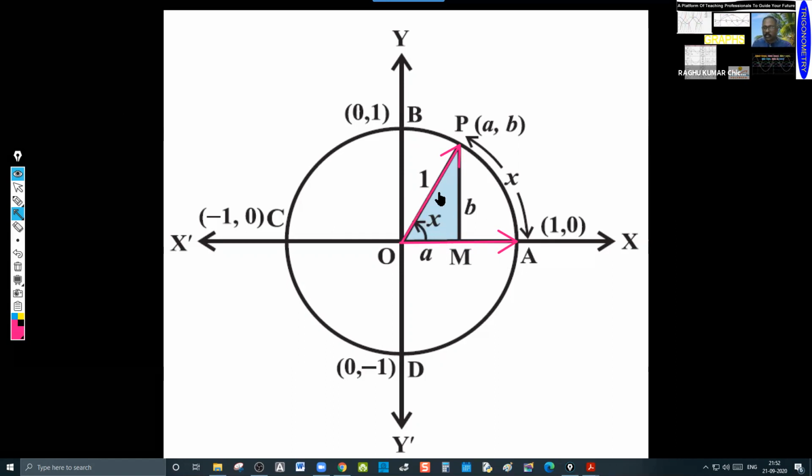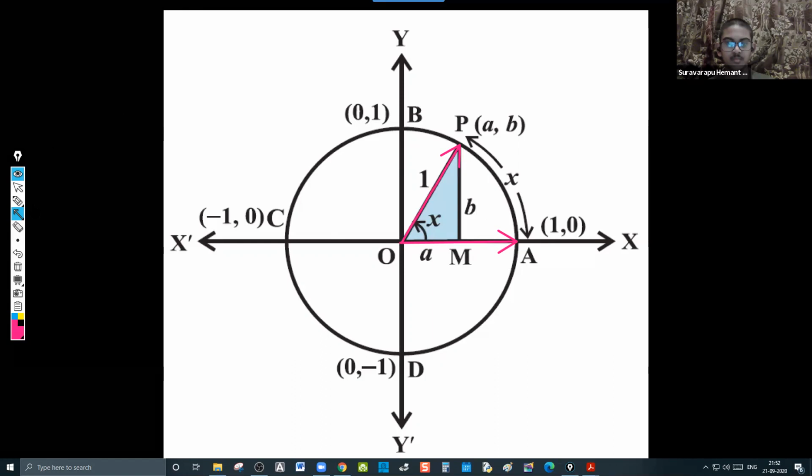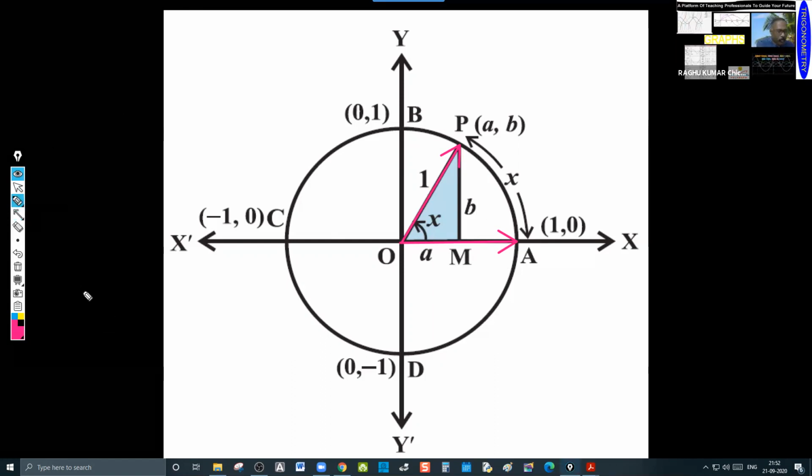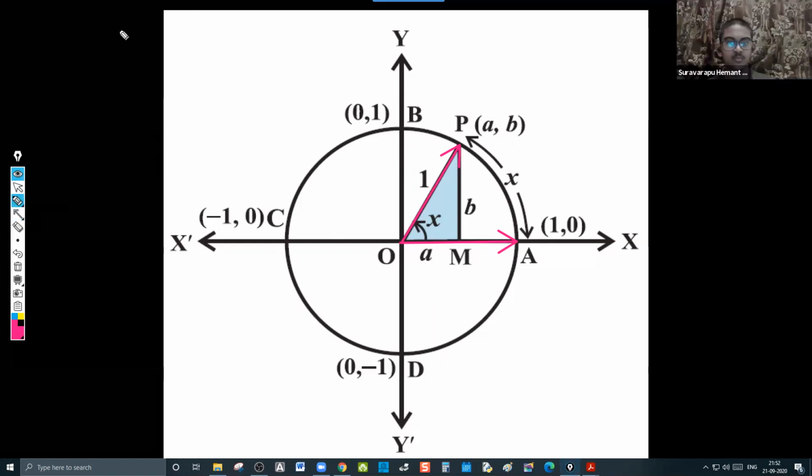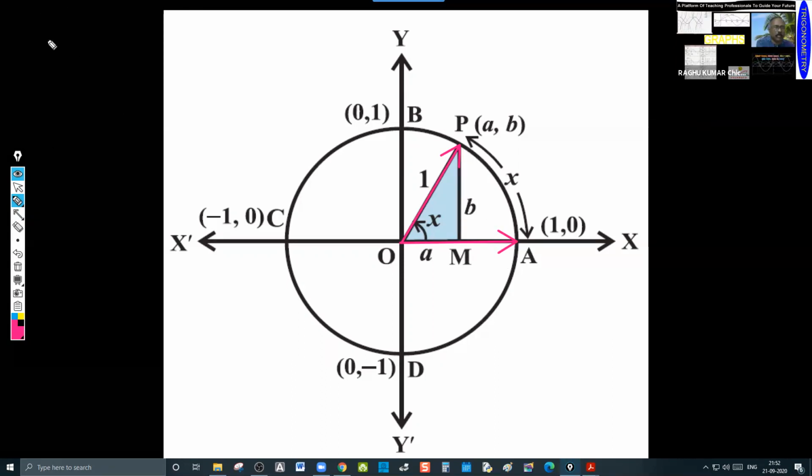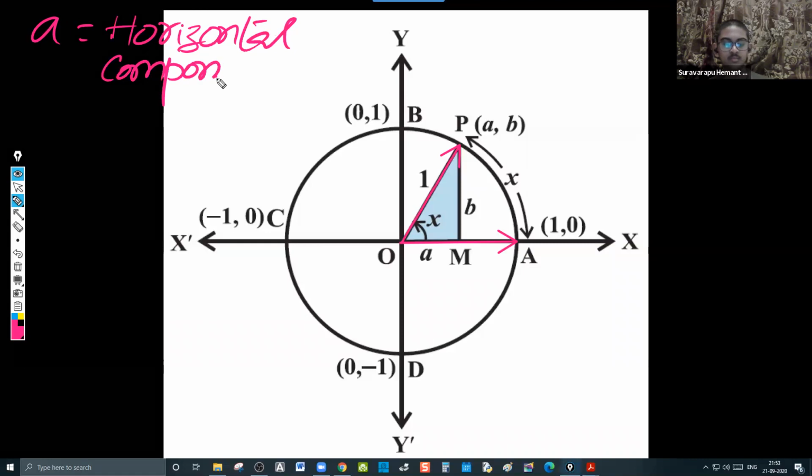Is it correct or not? Correct, yes, sir. Now, what is A? Just now I explained. What is A, please? A is the horizontal component, and that horizontal component is nothing but cos x, I said. Are you comfortable if I say horizontal component as cos x or not? If you do not understand, ask me, please. Comfortable, sir. Understood, sir.